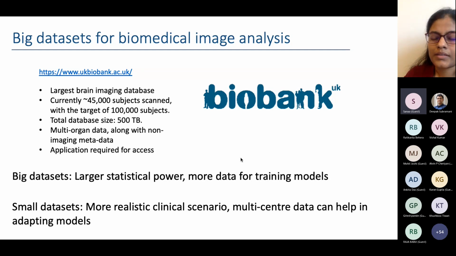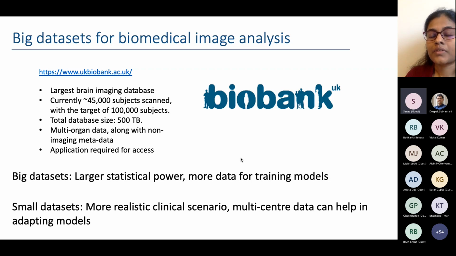That has multi-organ data and multiple scans like cardiac MRI and brain MRI imaging. And even within brain MR, they have multiple modalities, along with non-imaging metadata as well, for example, age, sex, smoking status, other demographic details, lifestyle factors, and family medical history.